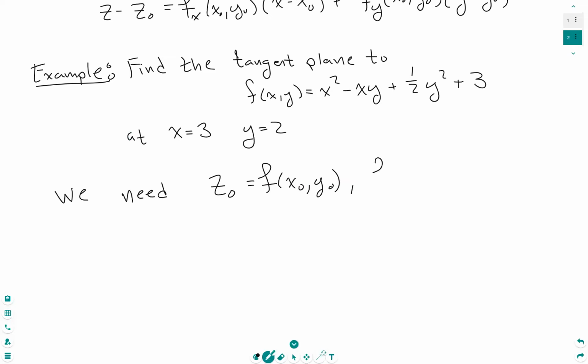We also need the partial x derivative at our point, as well as our y partial derivative at our point.